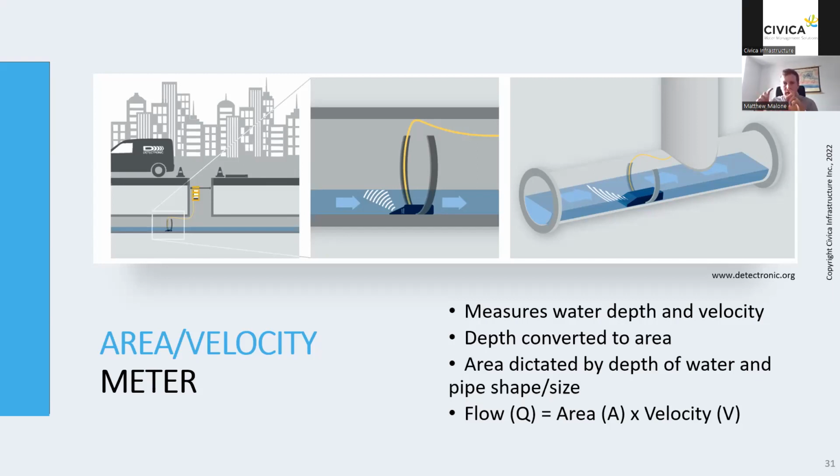So your area in, say, square meters, times your velocity, which is meters per second, will give you cubic meters per second of flow. Oftentimes we convert that to liters per second, but you get the sense of where I'm going in terms of how we measure flows. Pretty much, this is one of the most accurate, or at least common, ways of doing it.